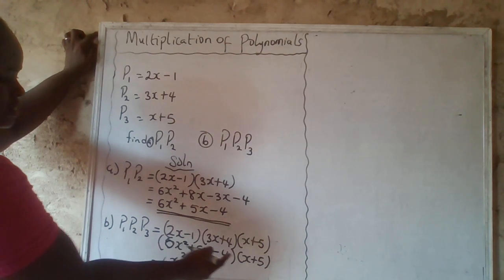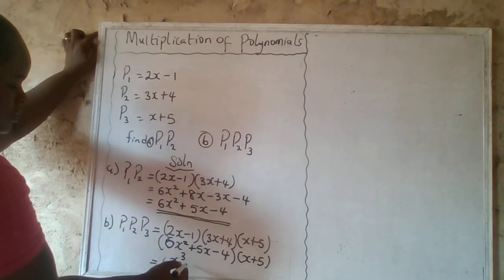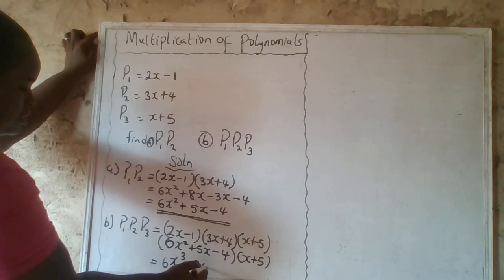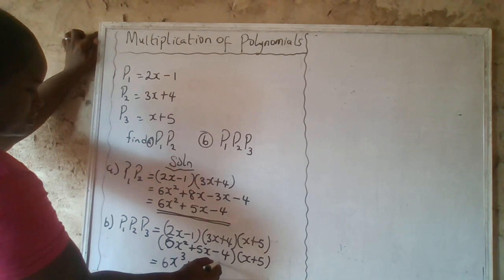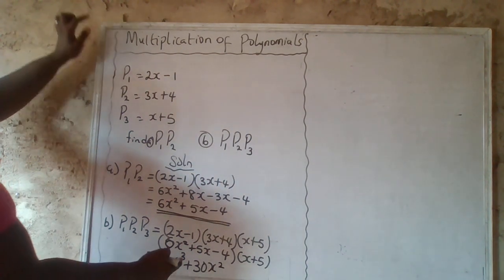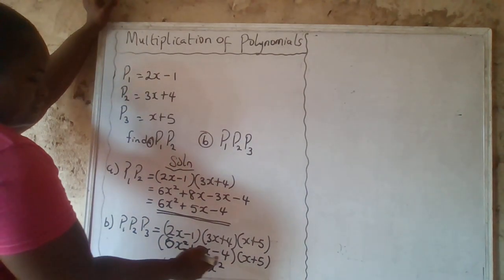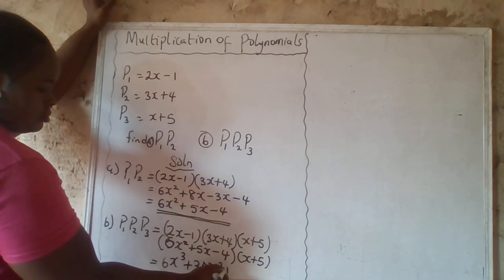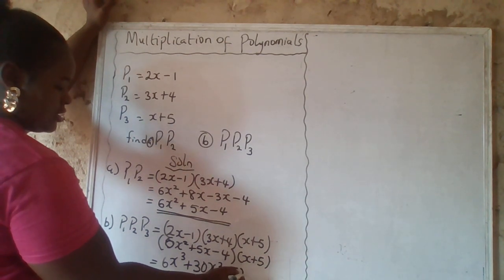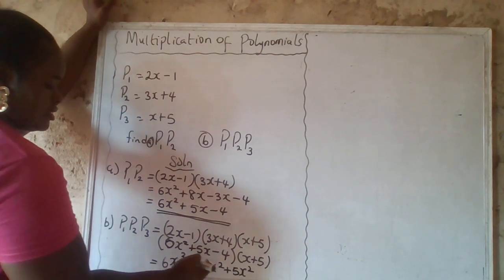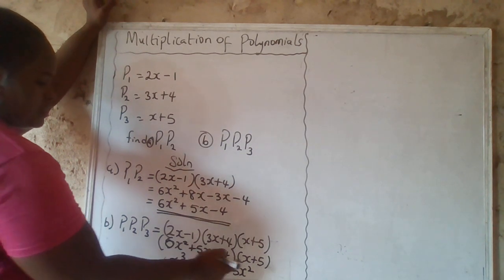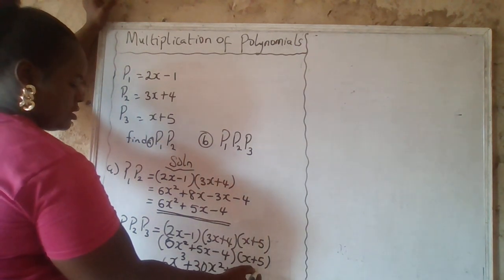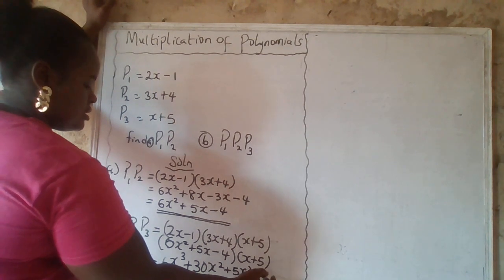6x squared times 5 will be 6 times 5 is 30, so 30x squared. And we move again. 5x times x will give me plus 5x squared. 5x times 5 will give me plus 25x.